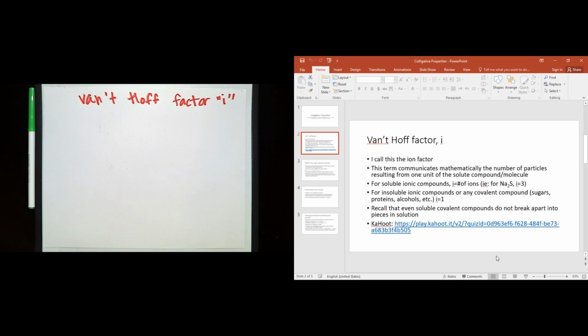Okay, the Van't Hoff factor, I call it the ion factor. The reason is because it only really applies to ions.